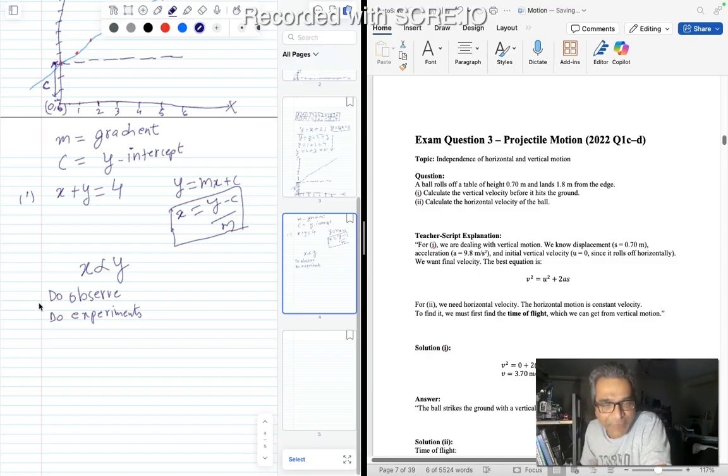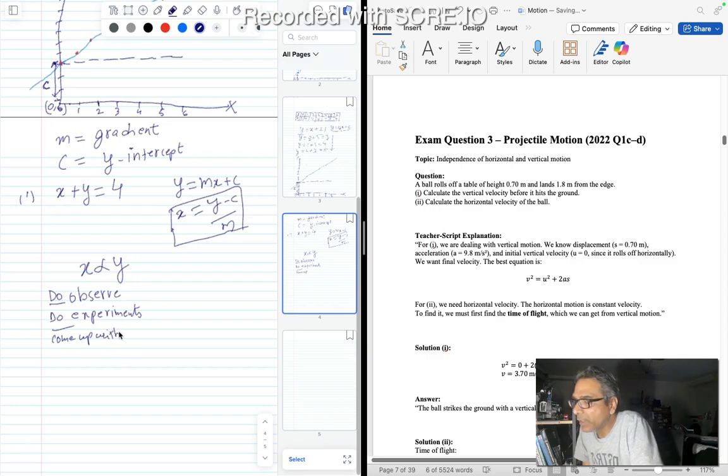These are the exercises they have done, right? So they do observe, they do experiments, then they come up with a relationship, right?